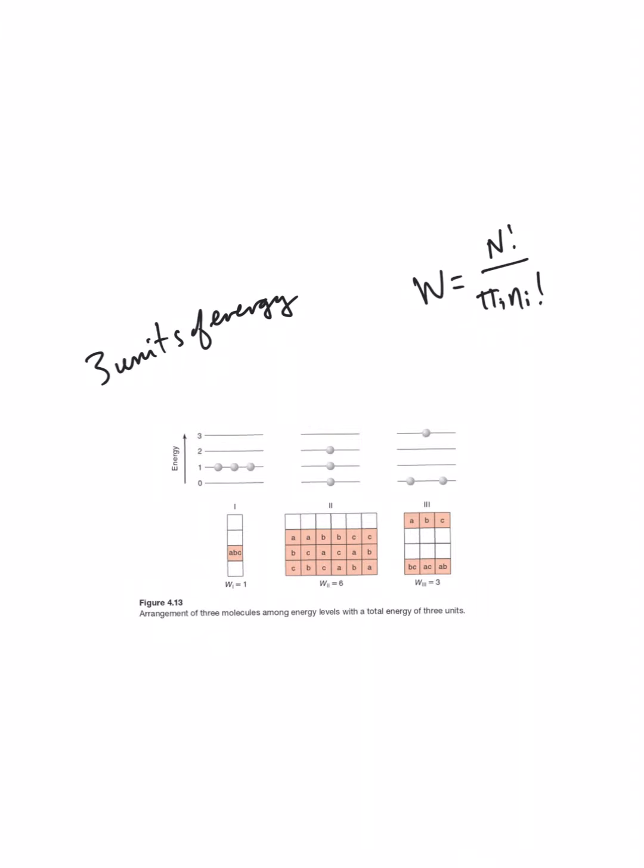But the idea here is that for the state of having all 3 atoms at the same energetic state, you would take in the numerator the number of atoms in this case, factorial.